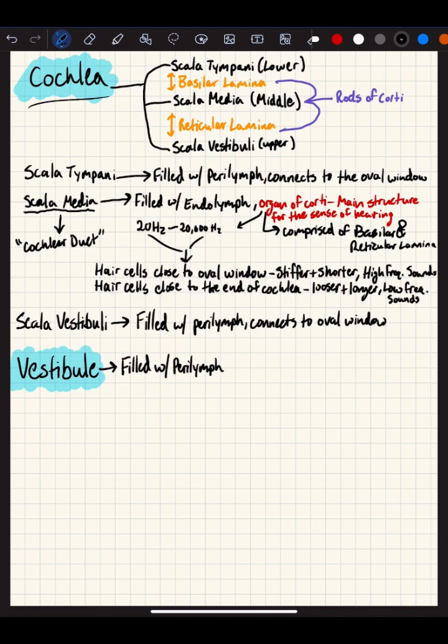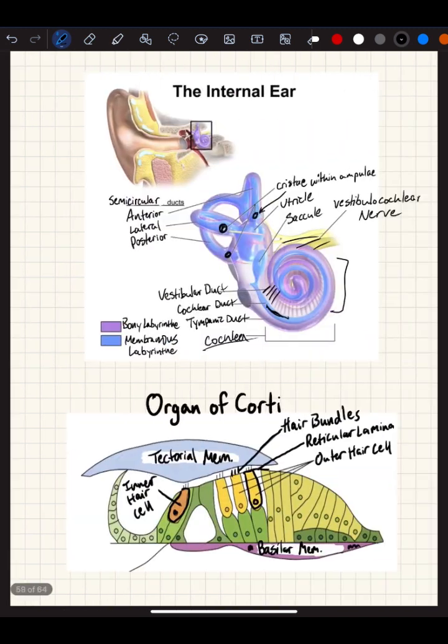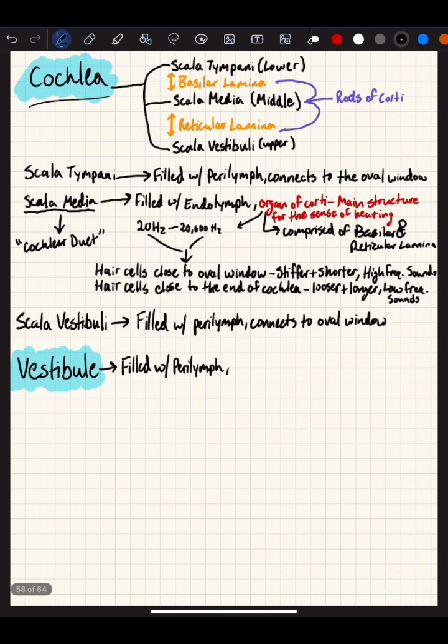As I mentioned earlier, the utricle and the saccule are going to be important. The vestibule is filled with perilymph, and it's composed of, what do you know, the saccule and the utricle.